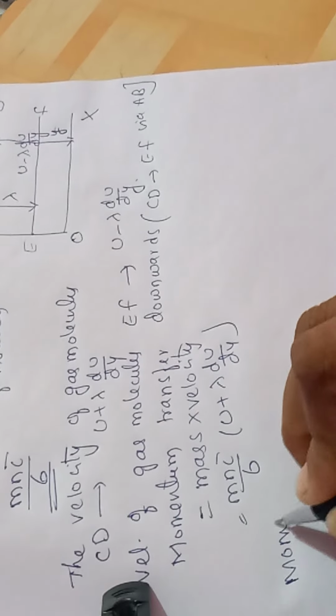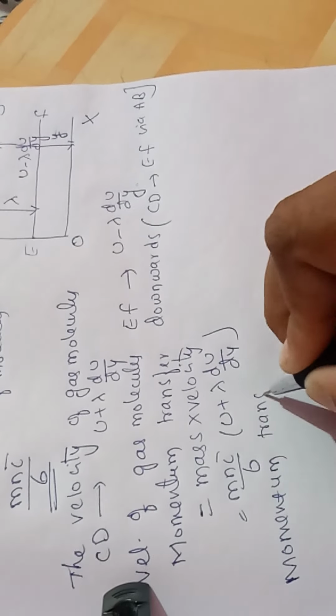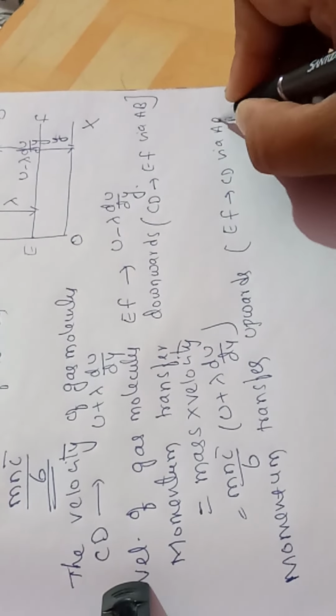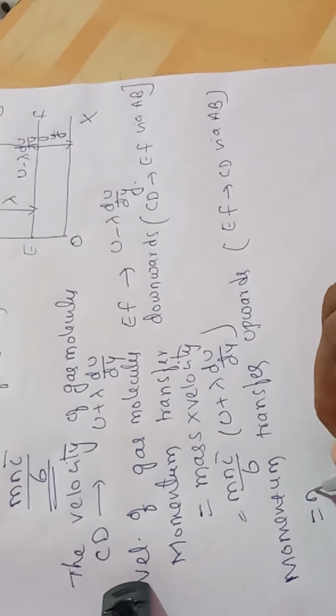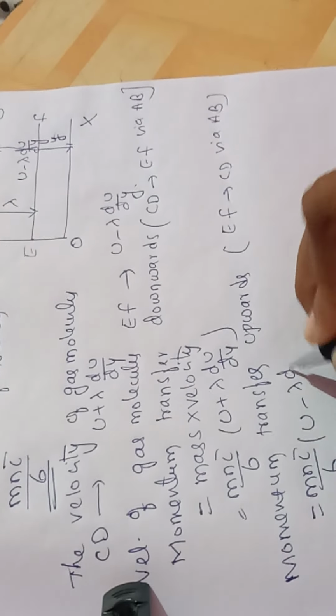Similarly, momentum transfer upwards. Upwards means from EF to CD along AB. That is equal to mn c bar by 6 into u minus lambda du by dy.